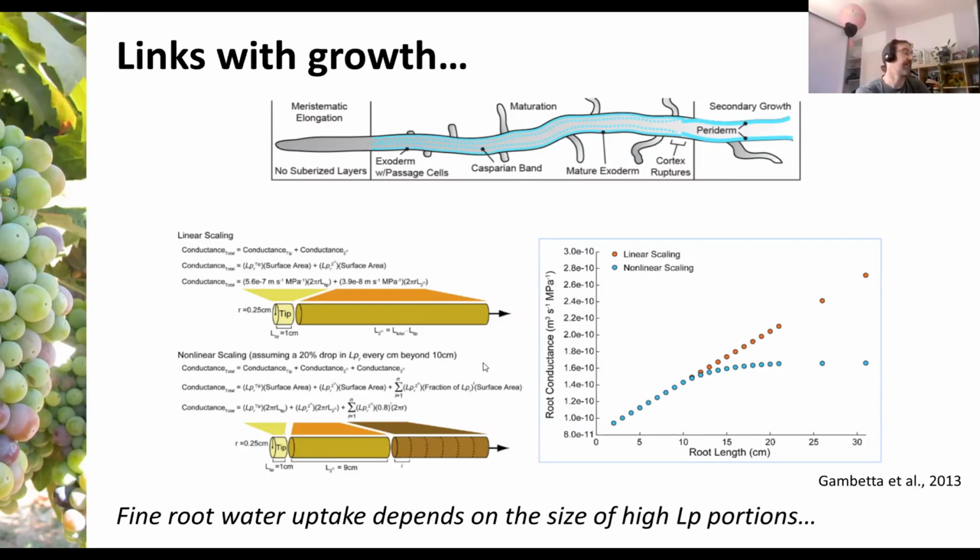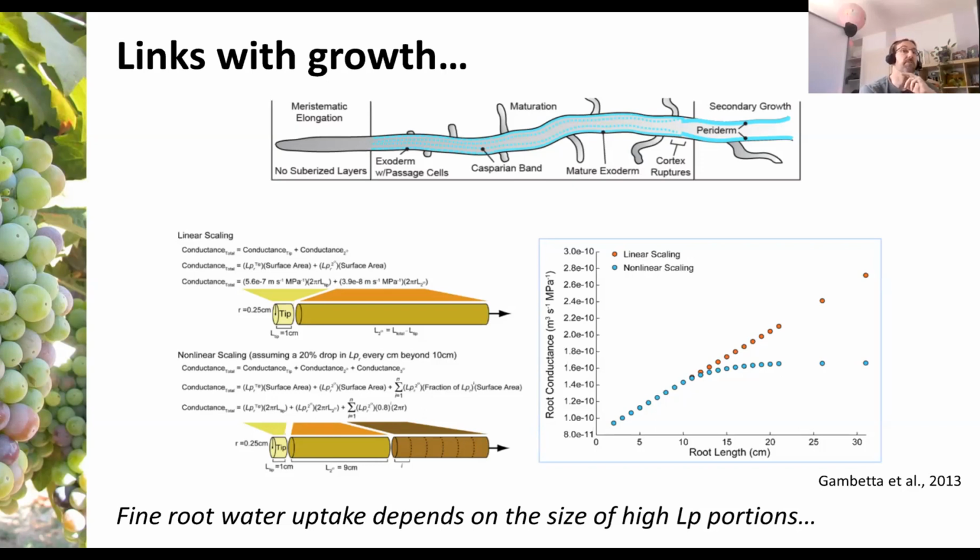But regardless of what you do in these models, when you look at how water gets taken up in an individual root, what you would find is that it's really dependent on the size of these highly conductive root tips. And this pointed us in a direction of, okay, this is interesting.